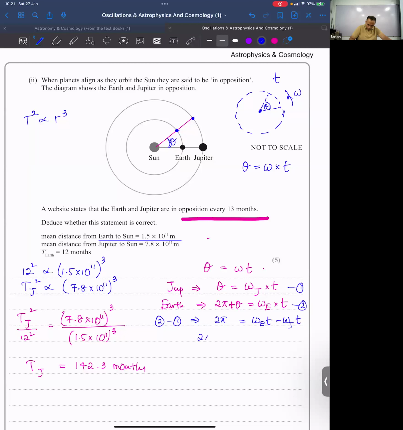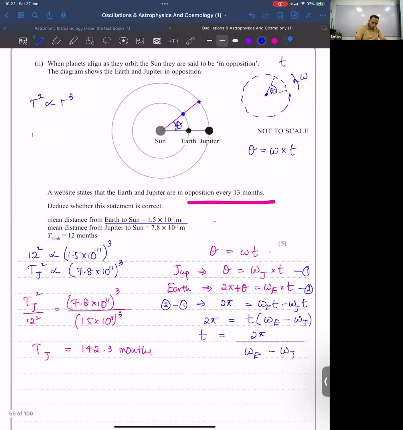So 2 pi equals t times omega Earth minus omega Jupiter. Correct? So t is going to be 2 pi over omega Earth minus omega Jupiter. Am I right? Agreed?